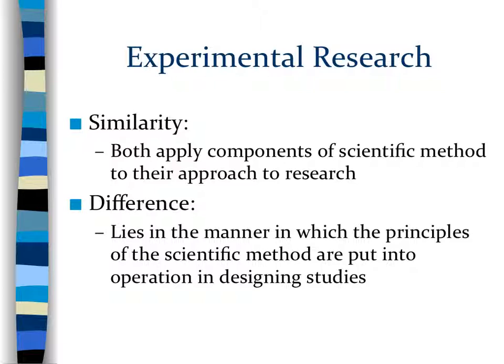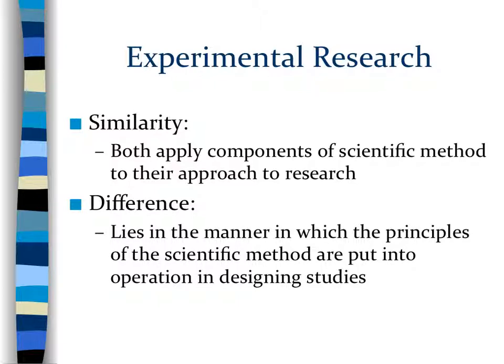In group designs, we need a separate control group, and of course the subject here is not serving as their own control. The similarity between the two designs is that both apply components of the scientific method to their approach to research. So while both of them use scientific methods, one major difference is the control group, and the other big difference is the number of participants.